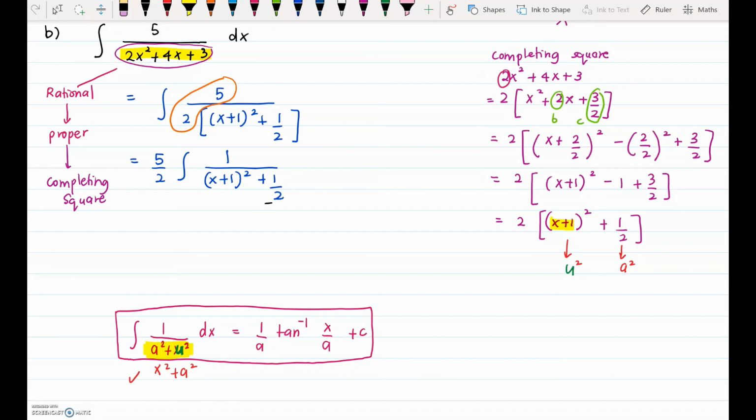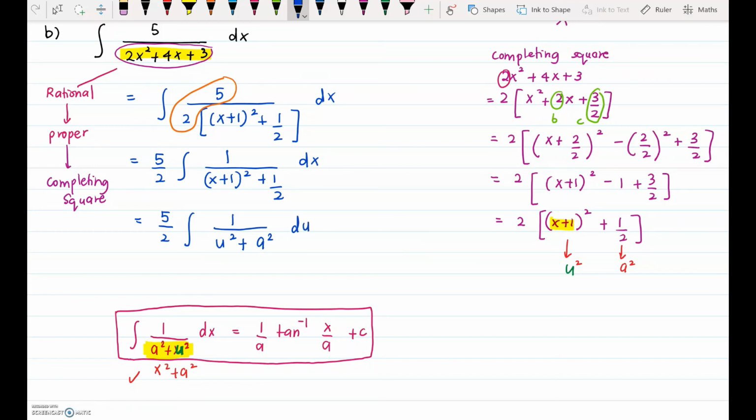Now we have to write it in the form of u. Don't forget your dx. When you write in the form of u, you will have 5 over 2 the integration of 1 over u squared plus a squared du.